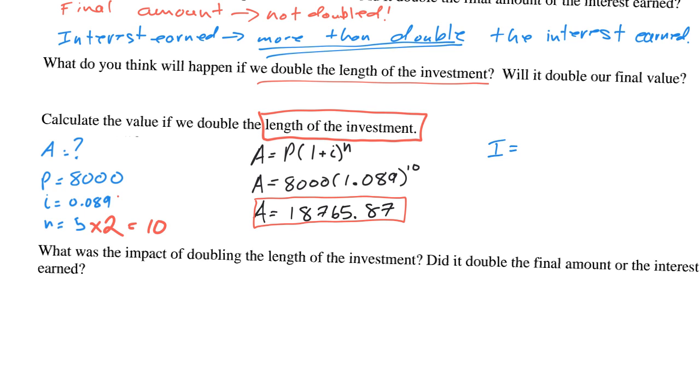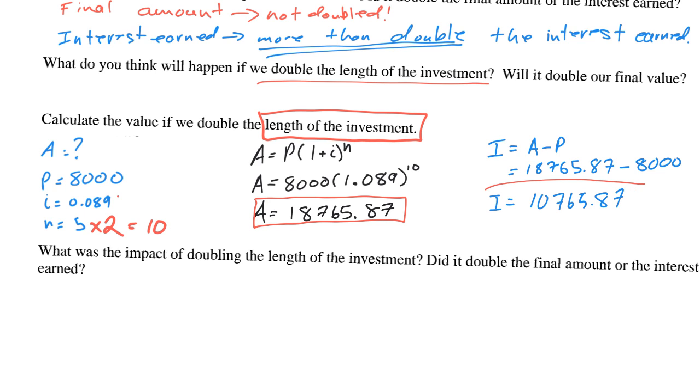Remember, interest is equal to the final amount minus the initial amount. So we have 18,765.87 minus 8,000, and we get 10,765.87 as our interest using this scenario.